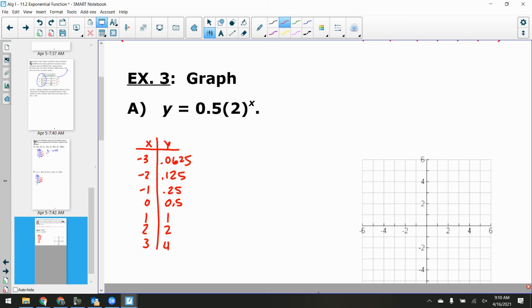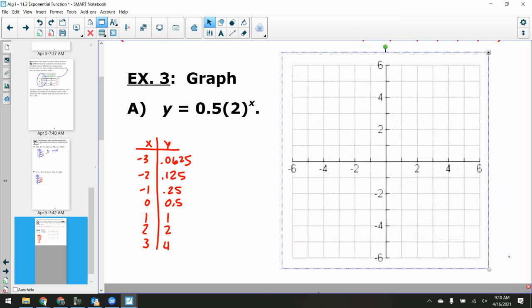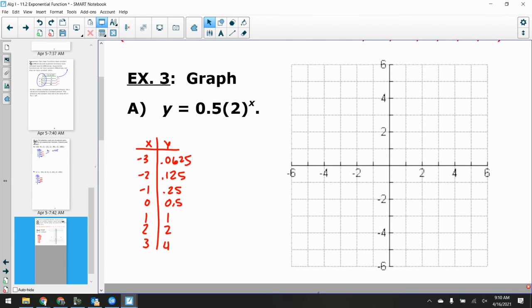You guys see the common ratio within our table? I didn't even need to show it in the table because you can see it from the equation. What's my constant ratio within the equation? 2. Look at the base of the exponent, 2. All right, now let's go ahead and graph it. Graph it on your graph there with me.